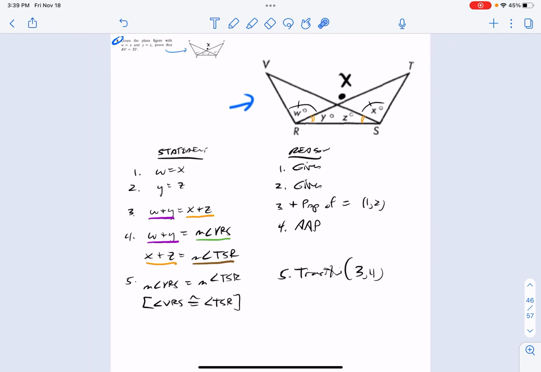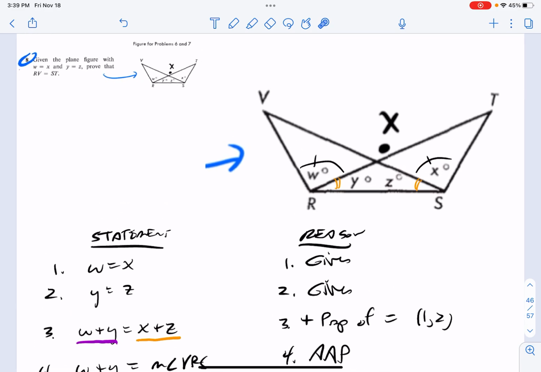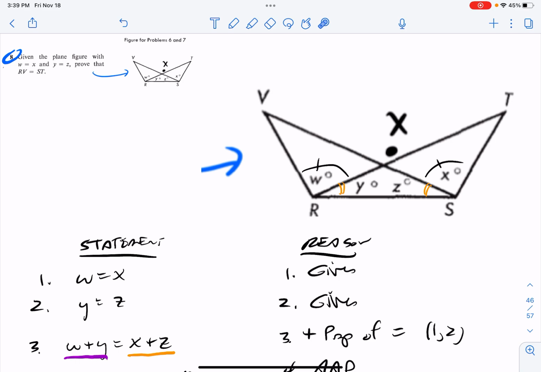So I'm going to go back to my diagram and say, oh, this whole angle here is congruent to this whole angle here. So now that I know that those wholes are congruent, let's mark them. This one here and this one here. I might notice that there are triangles here I can pull apart.